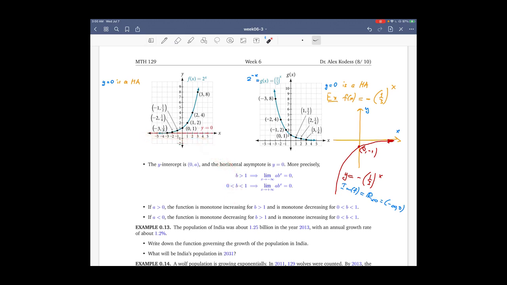And if a is negative and the base is between 0 and 1, like in this example here, negative 1/3 to the power x, where a is negative 1 and b is 1/3, we clearly see that the function is increasing.